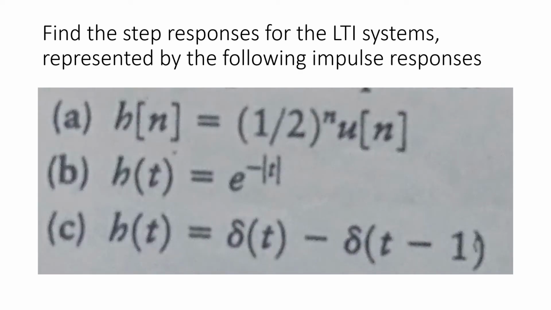So here we are given the impulse responses for LTI systems, and we have to find the step responses. I hope you understand that in case of discrete time system, we can say step response s[n] equals summation k running from minus infinity.